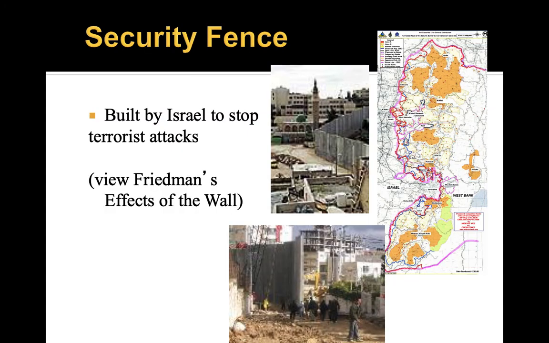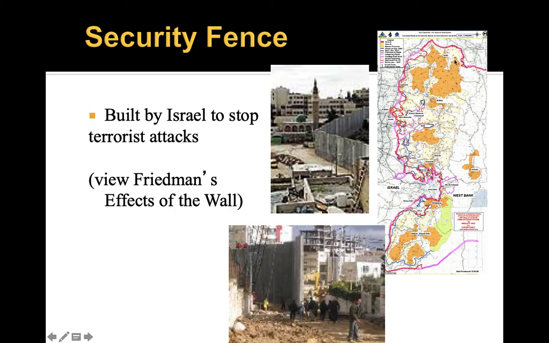So that's kind of the general situation, minus one other issue. And I wanted to show you this because I'm going to have you watch some video about it. This is what Israel has done to try to stop terrorist attacks from coming out of Palestinian controlled areas.